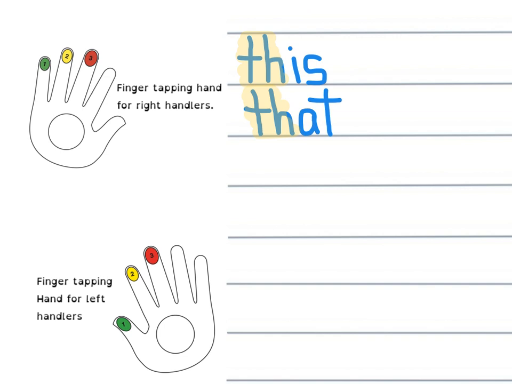Pound them. Flip and float. Tap. Pause the video and write. And I'll write mine now. And again, highlight my digraph.